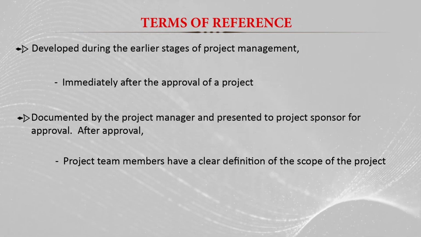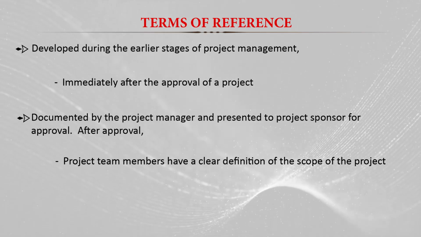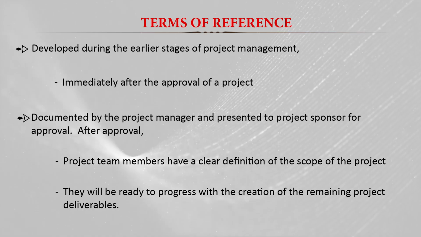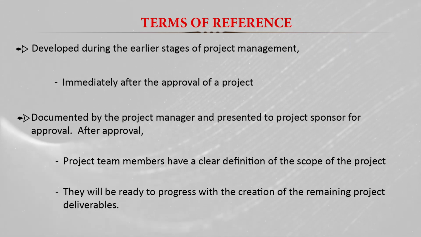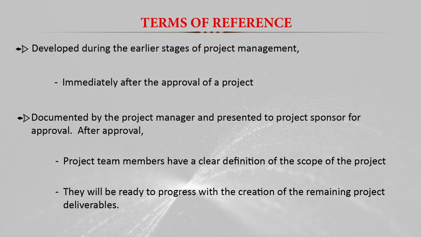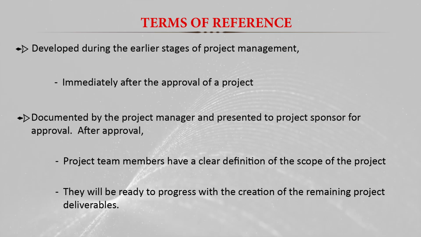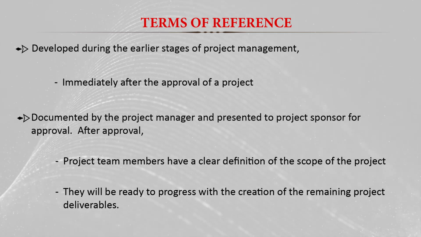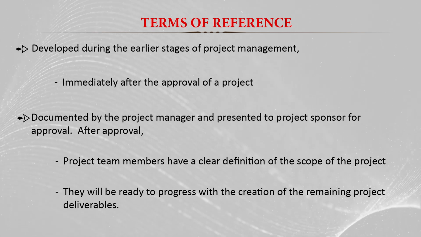When we prepare these terms of reference, the project team is ready to progress with the creation of the remaining project deliverables. When the terms of reference is there and the clear understanding is there with the project team, they can undertake the activities to deliver the things which we have committed in the project.